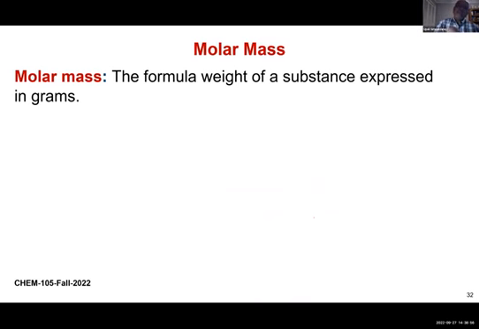The molar mass is obtained in grams. You take the formula mass, formula weight, molecular weight in grams, and you get molar mass.